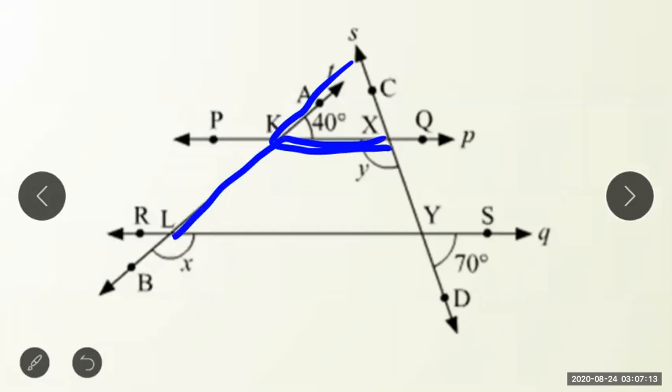See this. First, you are going to add angle AKX plus measurement of angle XKL, equal to 180 degrees. Why? Because it is a linear pair. We have written that AB is a straight line and KQ stands on it.